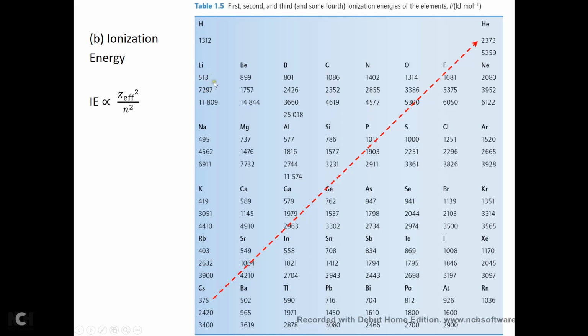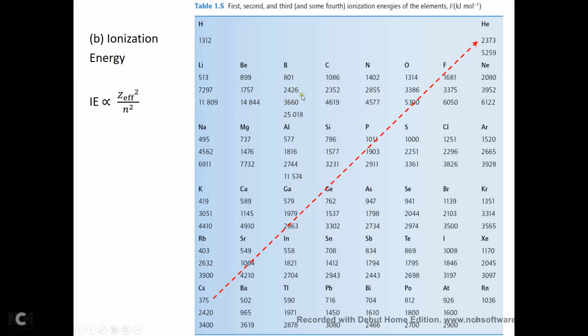And also, after you remove the first electron, the 1s electron has a much greater effective nuclear charge. Now for beryllium, you're removing these 2 valence electrons, and then this is the core electron. There's a huge gap between removing a valence electron versus removing a core electron.